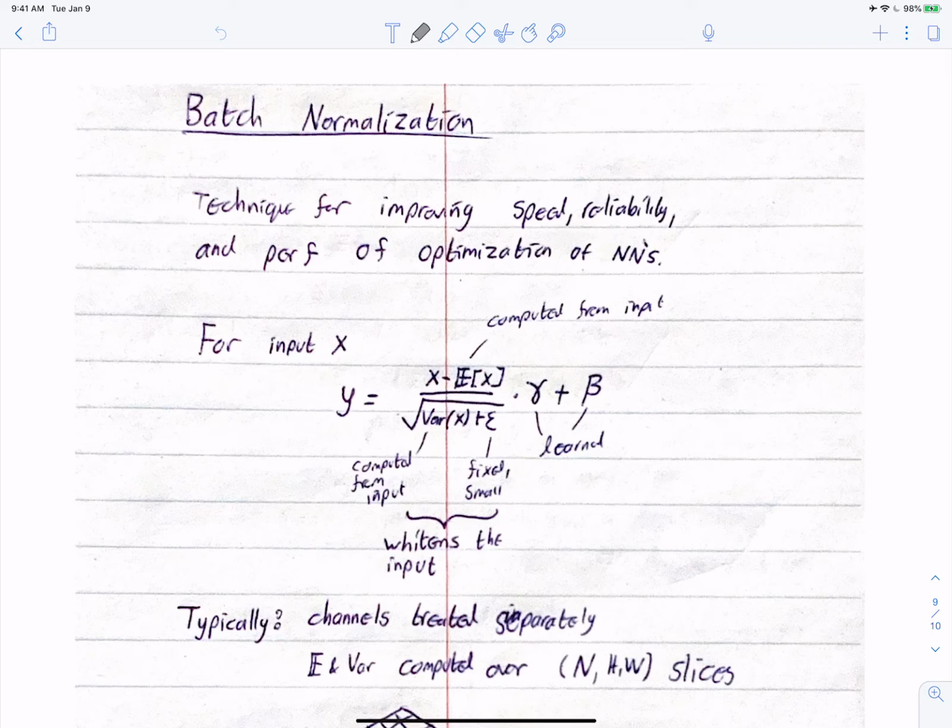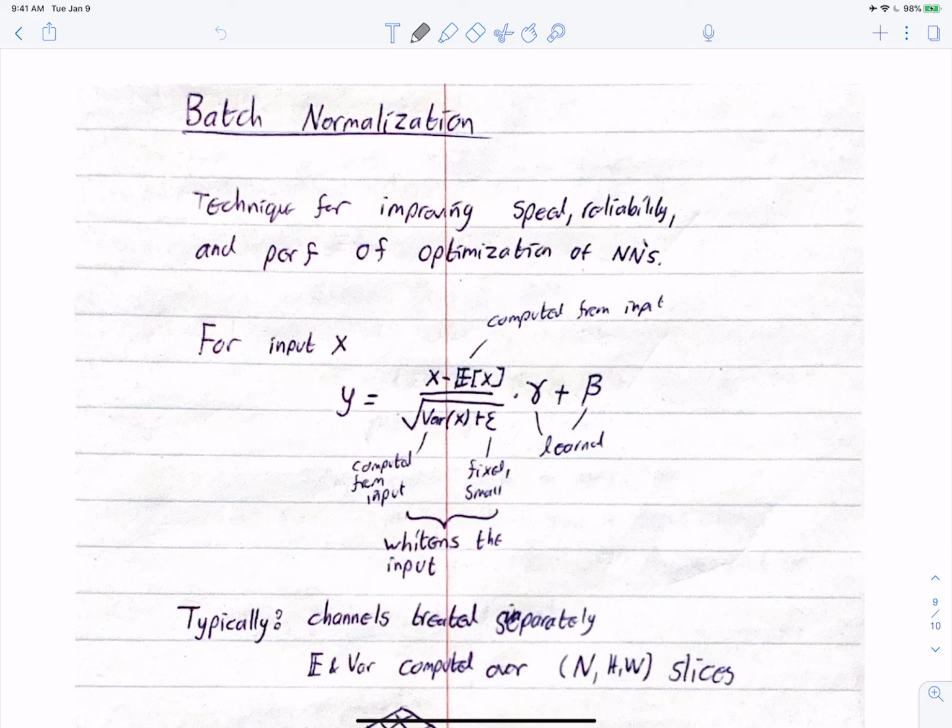So again, it takes the input, centers it to 0, scales it so that it has unit variance, and then adds learned parameters which can compensate back for the scale and for this translation.